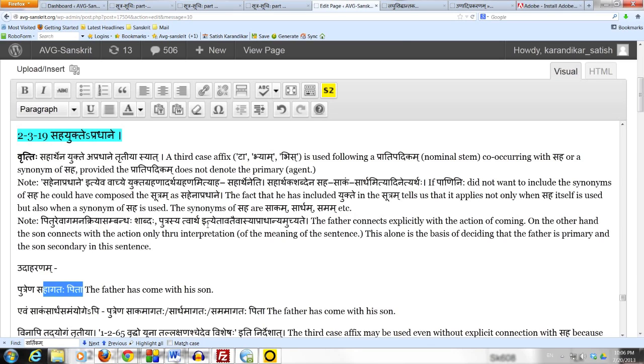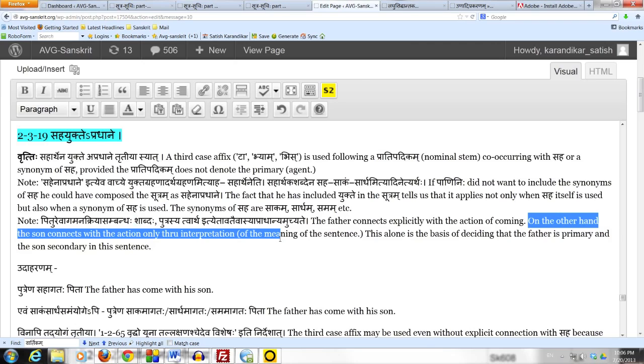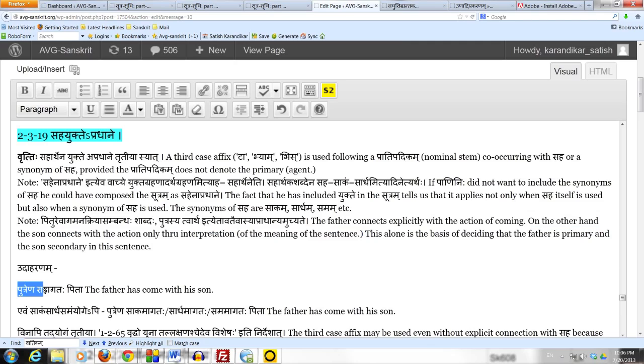What about the connection of the son with the action? Putrasya tu arthaha sambandhaha. So on the other hand, the son connects with the action only through interpretation of the meaning of the sentence. It is an implied connection. How is it implied? Because the son is with the father.